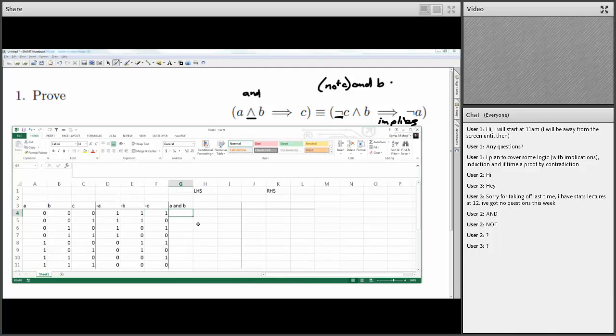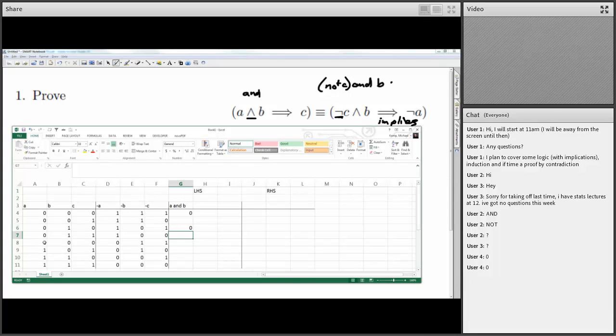So A and B, let's look at our columns. That's A and B. So this one is 0, 0. So if you do false and false, what do you get? Do you guys know? Yep. So you get false, or 0 for short. Let's do another one. Say 0 and 1. So false and true will also be 0.